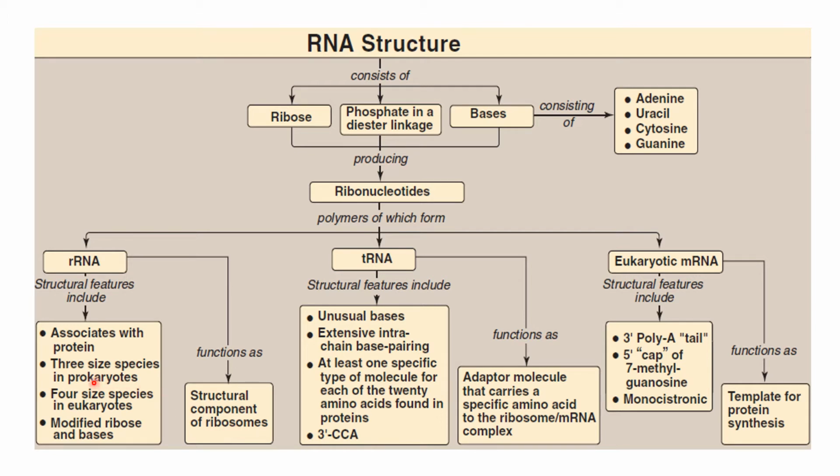There are three distinct size species of ribosomal RNA in case of prokaryotes, but in case of eukaryotes, the four size species are present, that is 28S, 18S, 5.8S, and 5S, while in prokaryotes the 23S, 16S, and 5S ribosomal RNA are present.